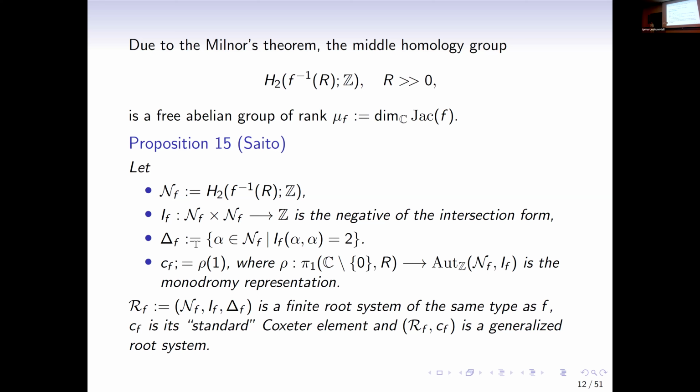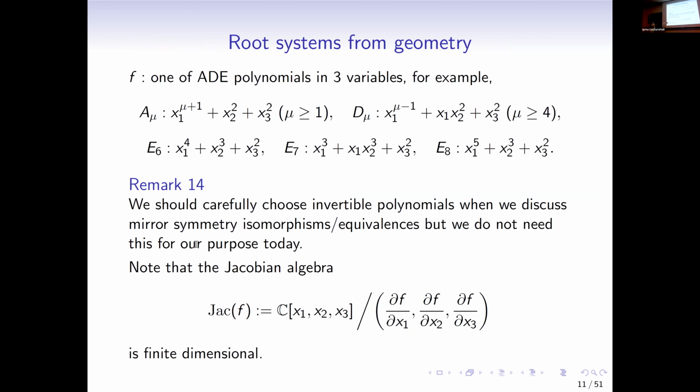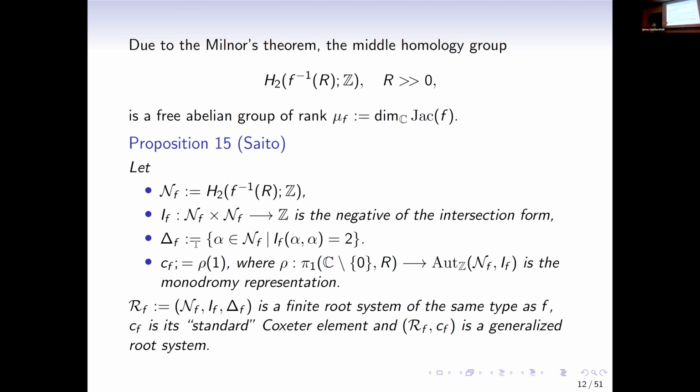First, the free abelian group is nothing but this, and the symmetric bilinear form I will be the negative of the intersection form, because I usually use the polynomial in 3 variables. Therefore, the self-intersection number of the sphere will be minus 2. In order to have this property, I put the negative sign.